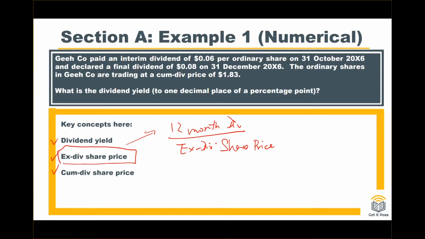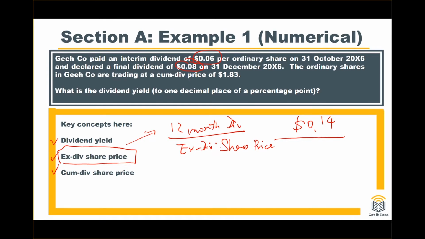You have to find this information from the question. For the 12-month dividend, I think it's not difficult. You can find interim dividend 6 cents, final dividend 8 cents, altogether 14 cents, divided by the ex-dividend share price.